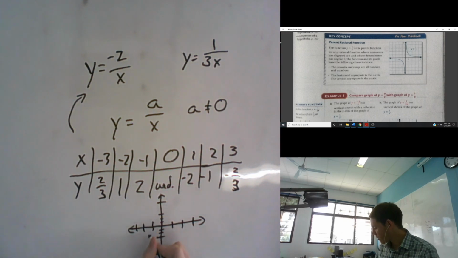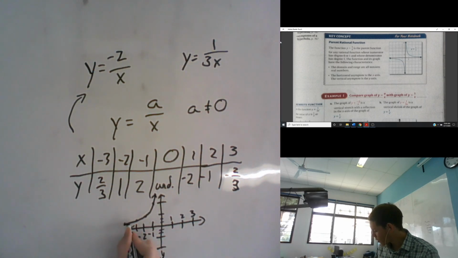So this is -1, -2, -3, 1, 2, and 3. So anyway, -3 correlates with 2 over 3. -2 correlates with 1. And -1 correlates with 2. So we're actually going to have this graph right here.